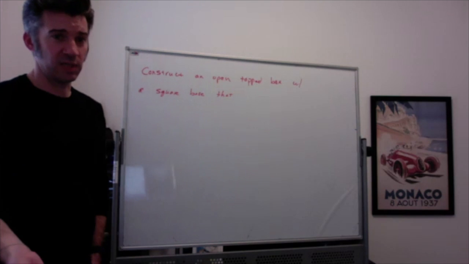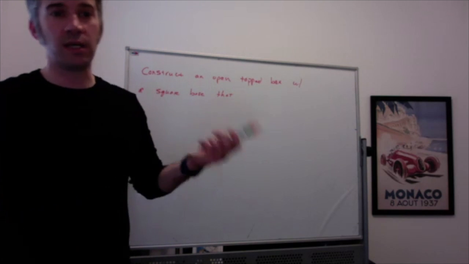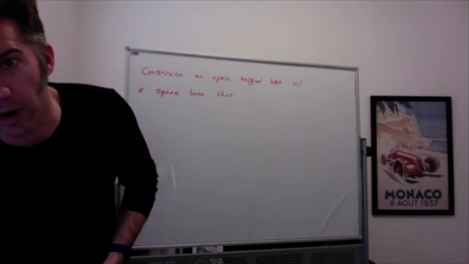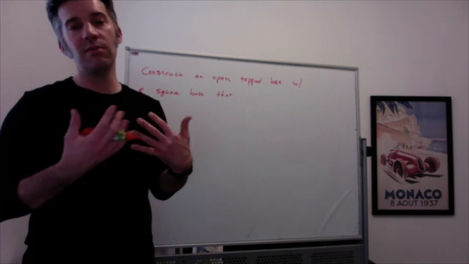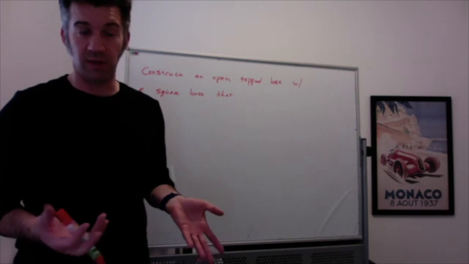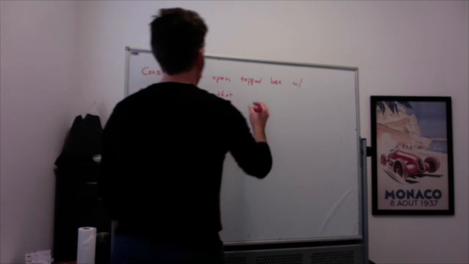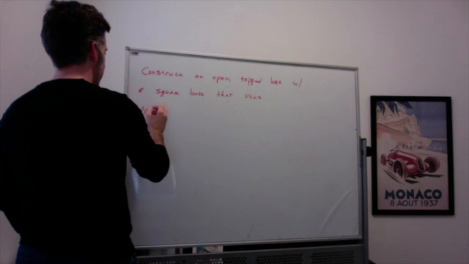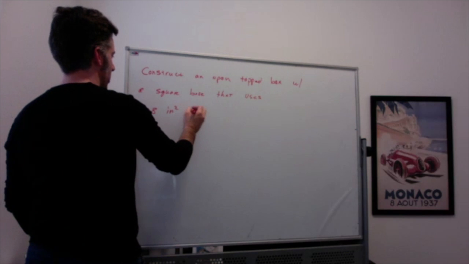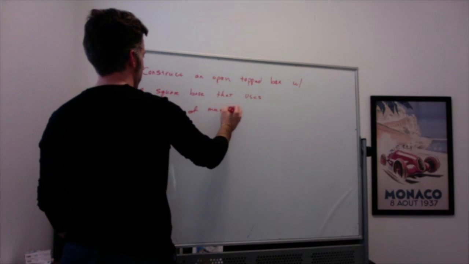So typically the way this next part is phrased is using so much square inches of material. What they mean by that is they want the surface area to be a certain amount. So that uses 108 square inches of material.